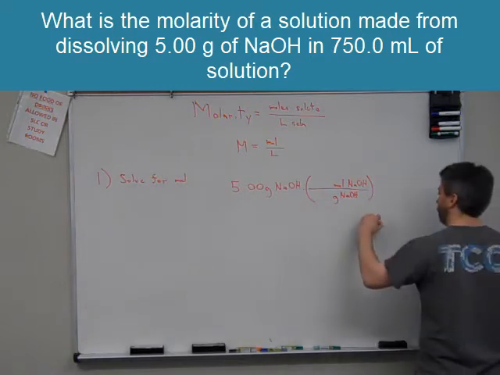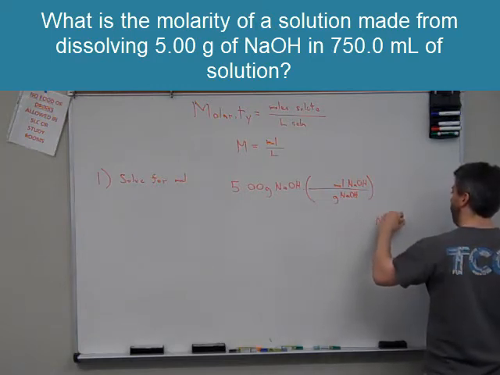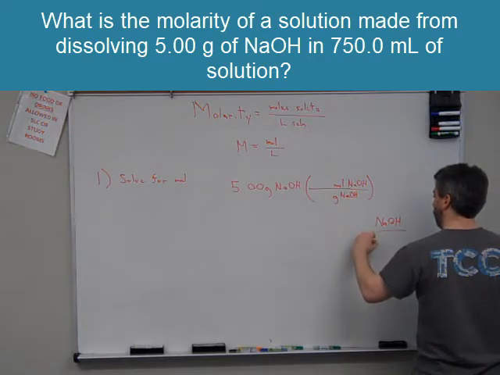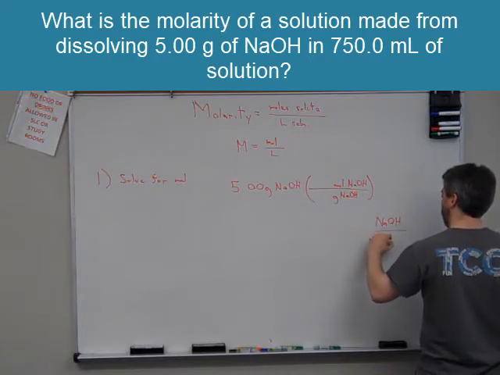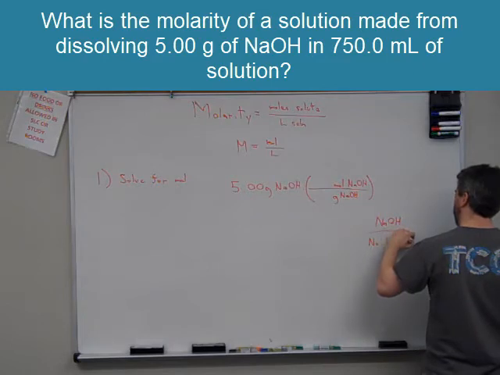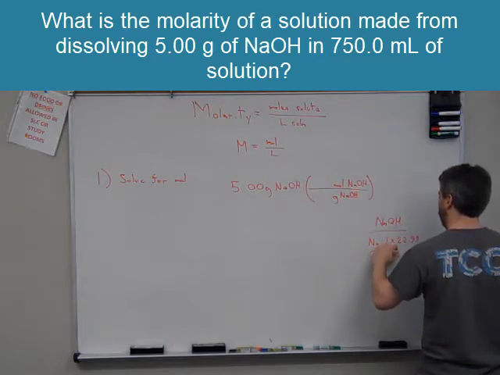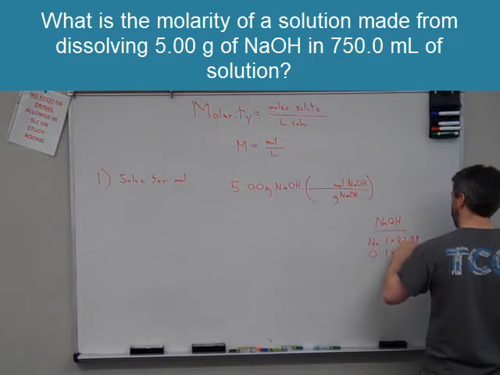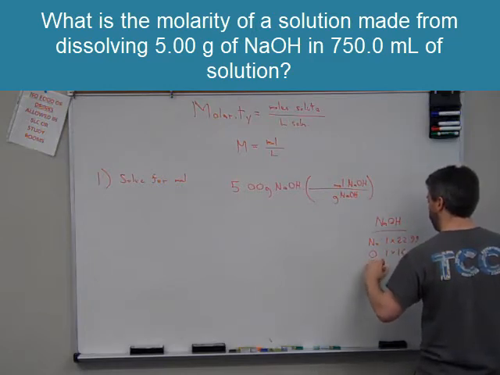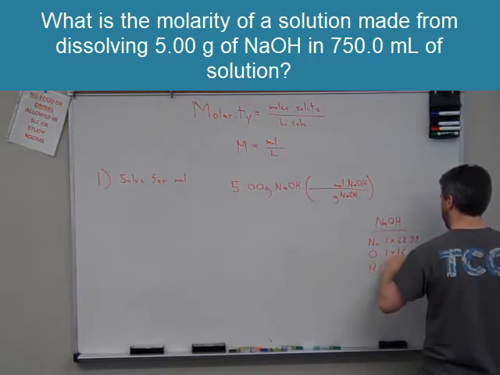And just in case anybody forgot how: sodium, there's 1 of them, and the mass is 22.99. Oxygen, there's one of those, and the mass is 16.00. Hydrogen, there's one of those, and the mass is 1.01.